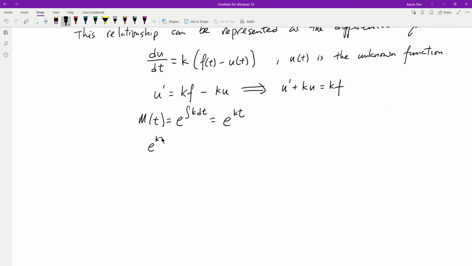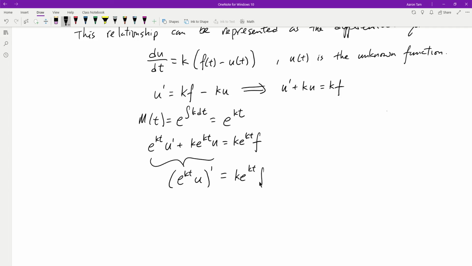So e to the kt u prime plus k e to the kt u equals k e to the kt f. And so now this forms e to the kt u, the product, prime, and now I can integrate this to figure out the solution.